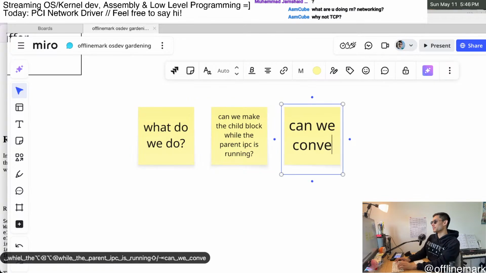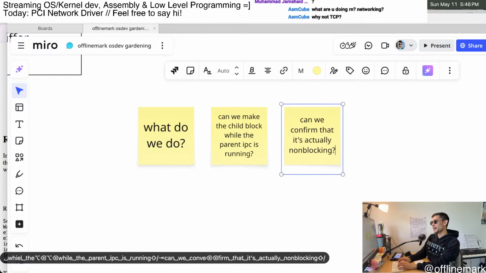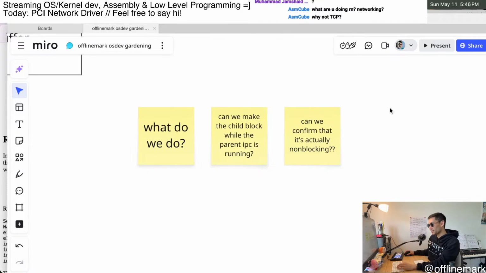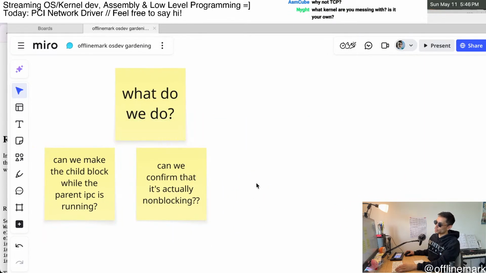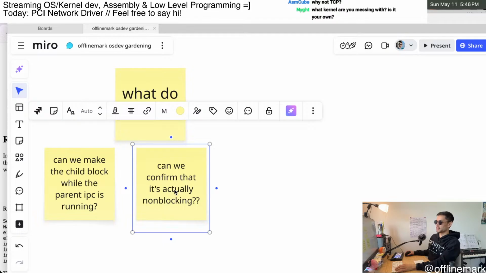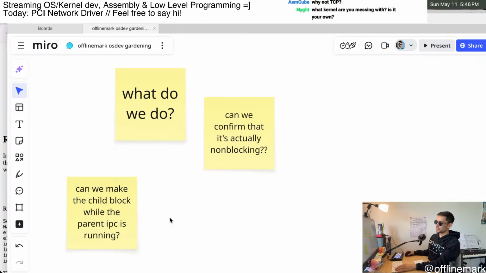Can we confirm that it's actually non-blocking? I actually was really unsure about this. I kind of thought that these IPC messages were blocking calls actually. So that's a key thing to do.